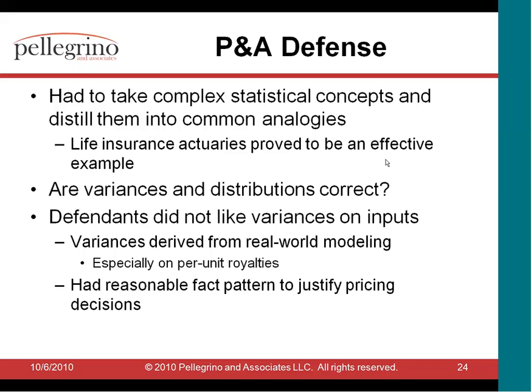The next thing you look at are the variances, if the distribution is correct. The defendants, more so than the plaintiffs, didn't like the variances on the inputs, especially deriving the per unit royalties. But again, we had a reasonable fact pattern to look at. We could look at the differences in drug pricing based on packaging decisions in the market, because it's easy. You can go look at what it would cost to go buy it at a pharmaceutical sales organization.